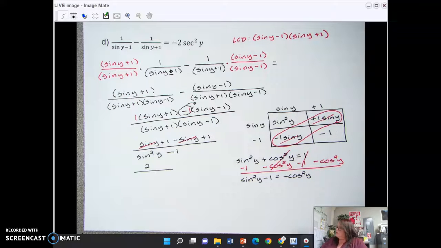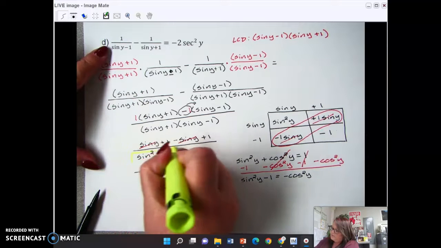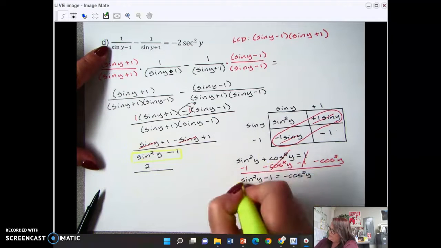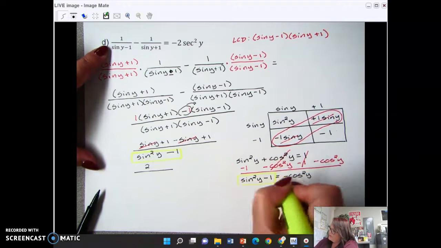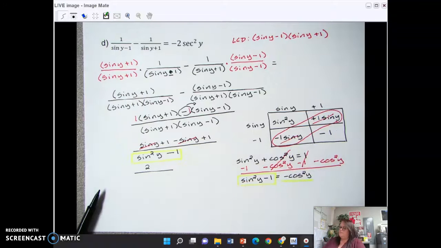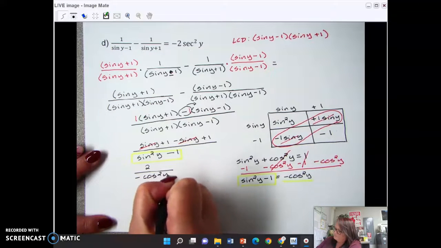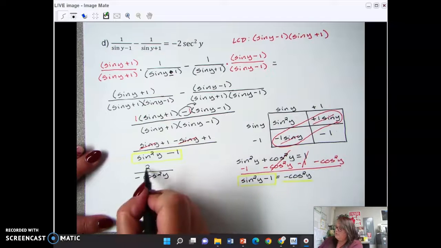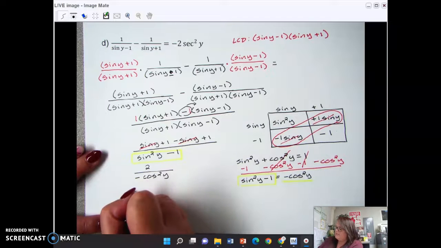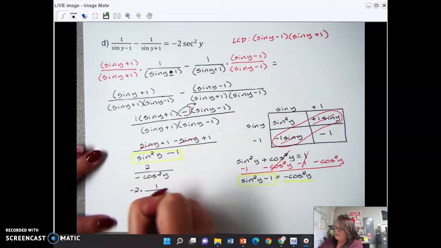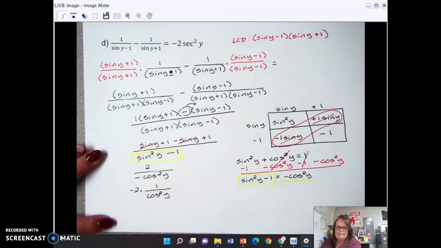Okay, so where I see sine squared of y minus 1, this is what I was trying to get to, I can replace it with negative cosine squared of y. So notice 2 divided by this negative is negative 2, and I can call that 1 over cosine squared of y.